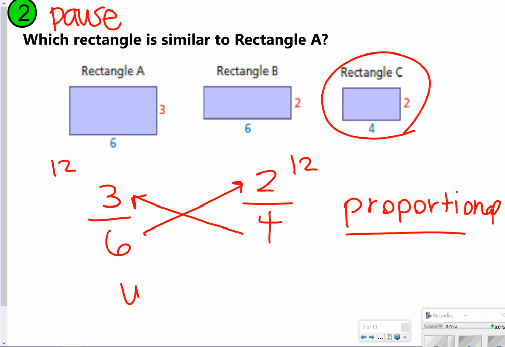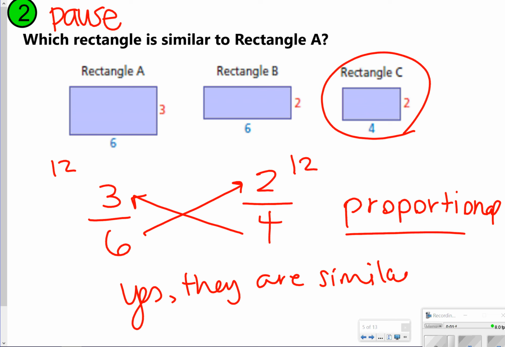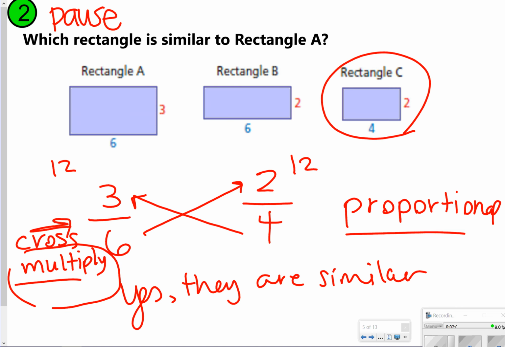Because they're proportional, you would say yes, these two are similar. Cross multiplying is probably the easiest way to figure out if something is similar. You just have to make sure that you're pairing up the correct sides together.